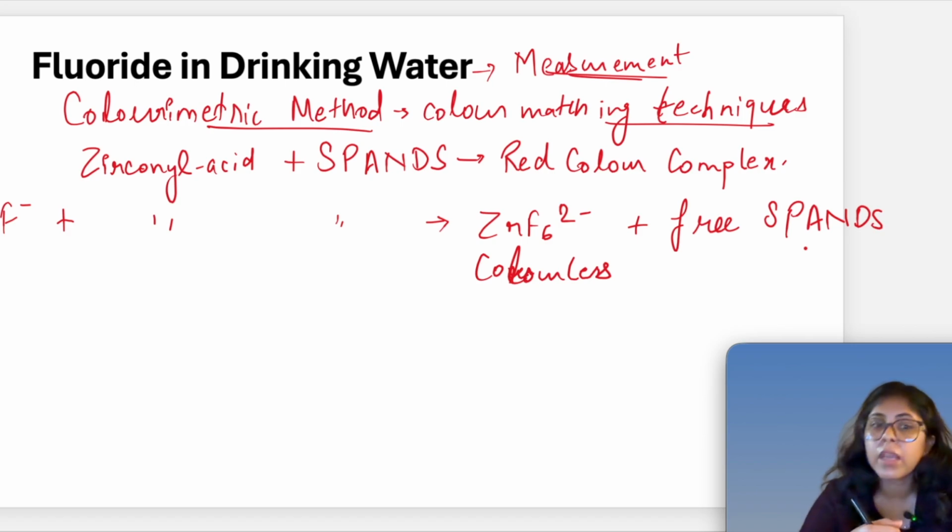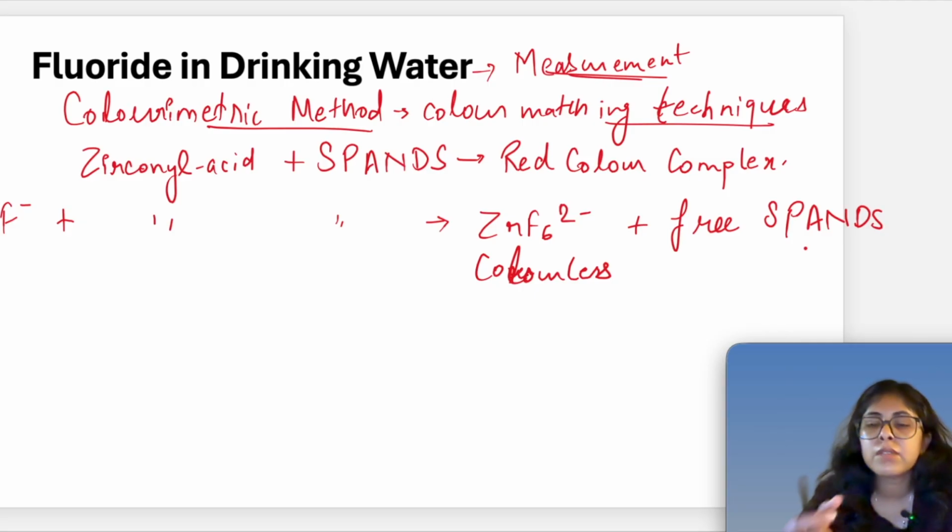Then what happens is zirconyl and fluoride will react to each other and form a compound. That compound will be colorless and it will free the SPADNS. So the more and more fluoride you add, the more colorless the solution will be, right? So from this you can understand, if the color is lighter, that means there was fluoride in the solution.